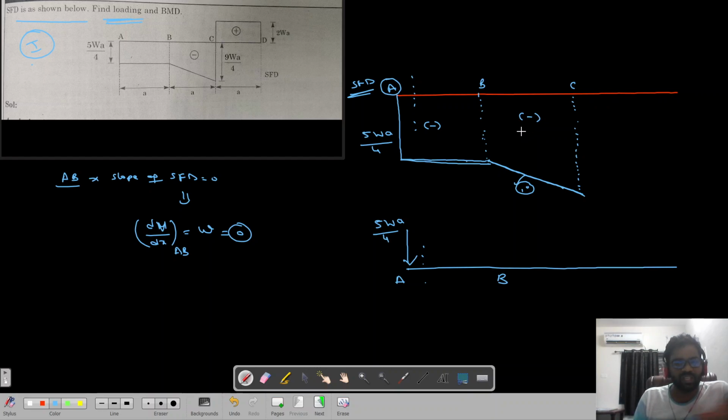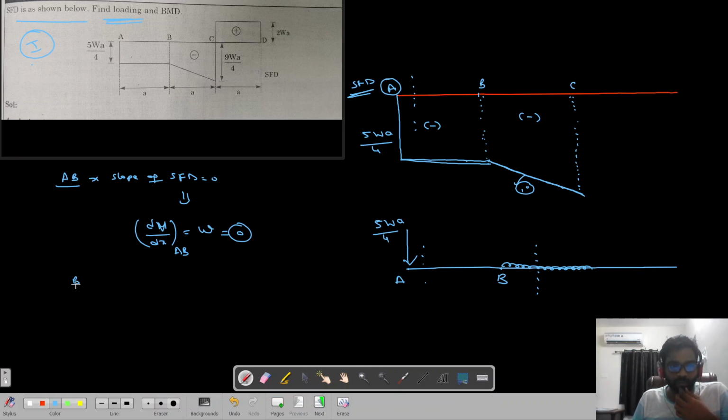The shear force value is increasing, but the slope is constant, which means some UDL is acting from B to C. It is increasing in the negative direction, so the load intensity will be in this direction.